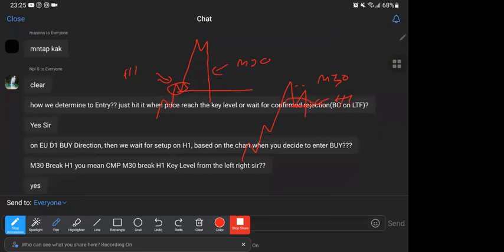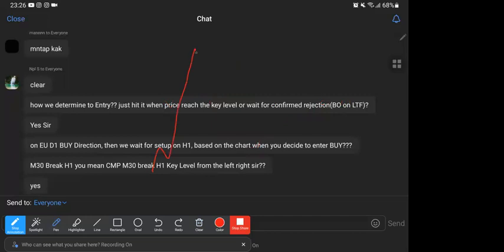Because sometimes, when the structure, the range is too big, the market needs to give a nearer structure. Sometimes when the key level is too far, the market will decide to make a new key level over here.